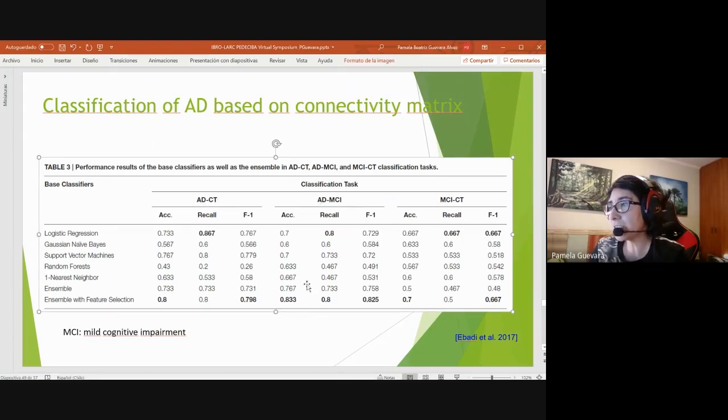The accuracy is also good between Alzheimer's disease and mild cognitive impairment. That is interesting because it's more difficult to differentiate Alzheimer's disease from mild cognitive impairment.